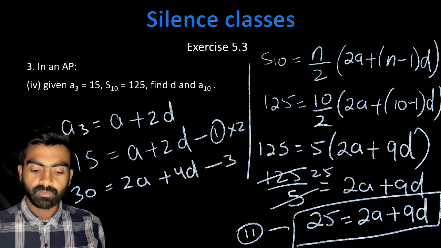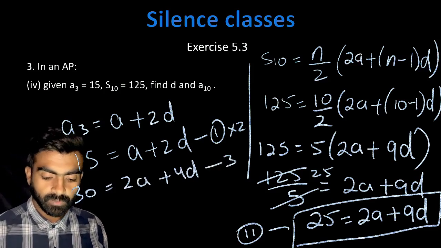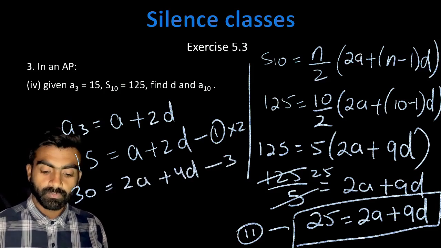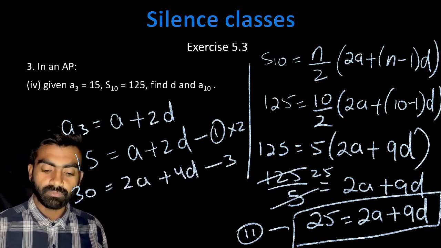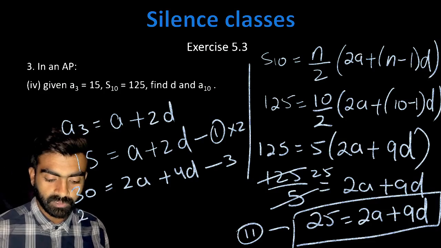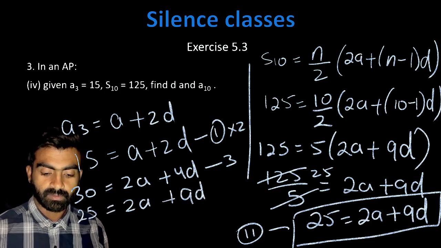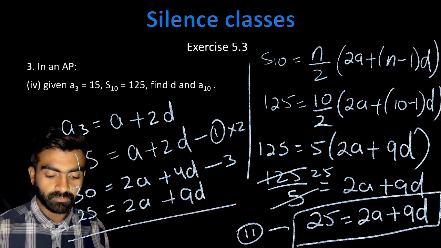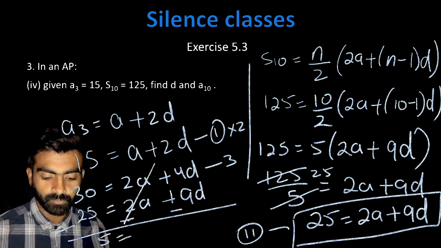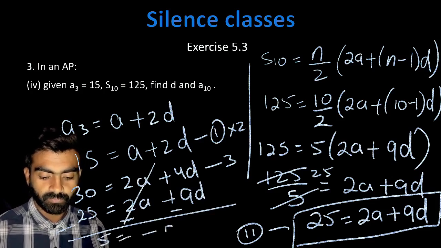Now we subtract equation number 2 from equation number 3. So we have 25 is equal to 2A plus 9d, and after subtracting, the 2A terms cancel, and we will get 5 is equal to minus 5d.